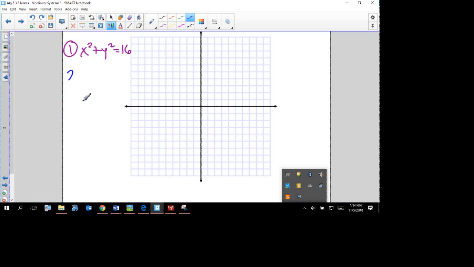I'll do them in 2 different colors so we can tell them apart. Let's start with the line. Number 2, the line. We have graphed these before.